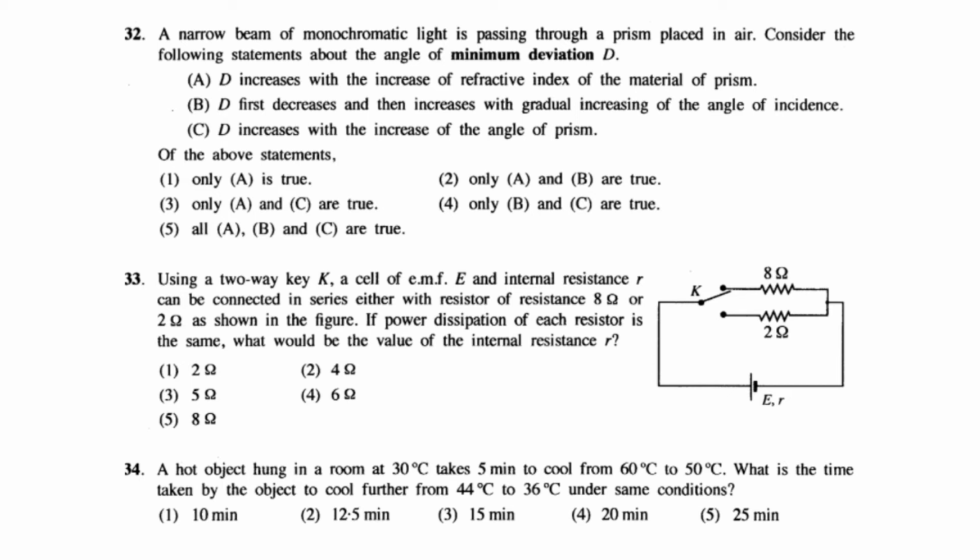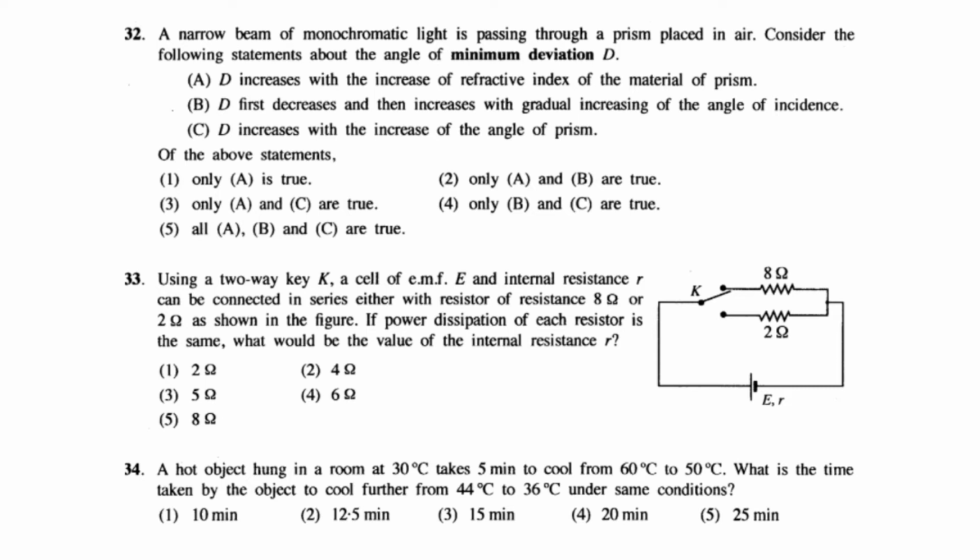By that you can find the ratio of I1 and I2. I1 over I2 equal 1 over 2. Substituting this in the other equation, we can write 1 over 2 is equal 2 plus r divided by 8 plus r. Then you can find simple r is 4 ohm. Answer is 2. Question number 34.